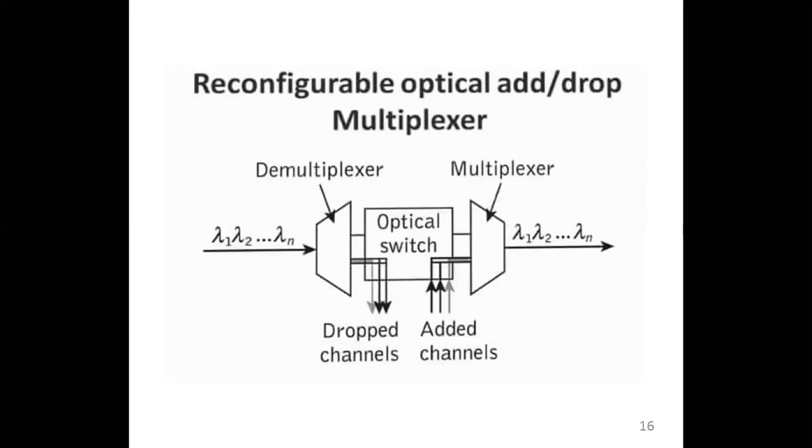However, in this case, you can add and drop at any time, and any wavelength can be added or dropped. You can see on the left hand side you have n wavelengths signal, and then you are dropping channels and adding channels. However, the channels are not mentioned, which implies that you can drop any channel, you can add any channel, and then you are getting the multiplexer on the other side.